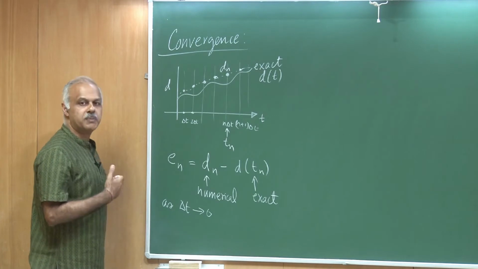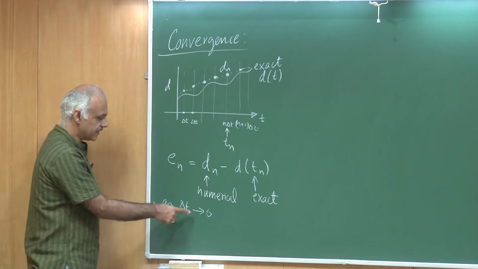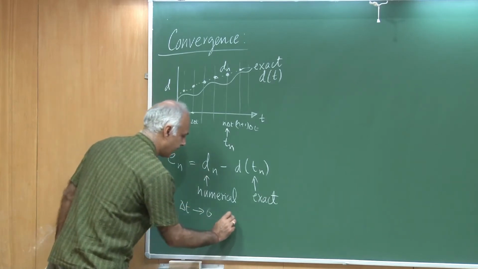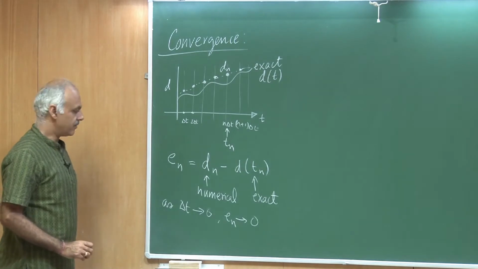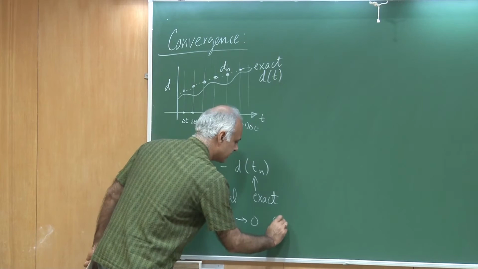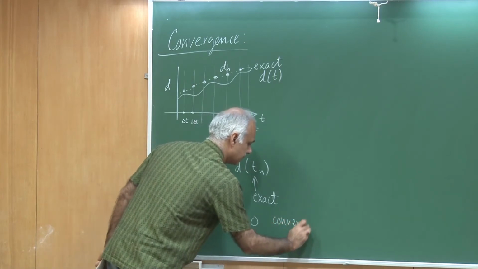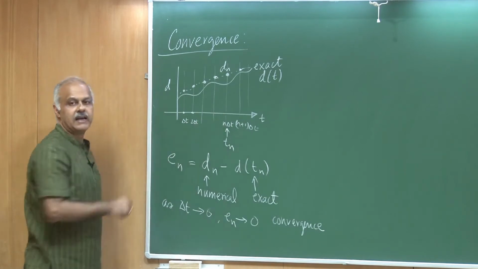So, I would be spending a lot more. The hope is that as my delta t tends to 0, my error also tends to 0. And if this happens, then that is called convergence, and I would like this to happen at all time levels.